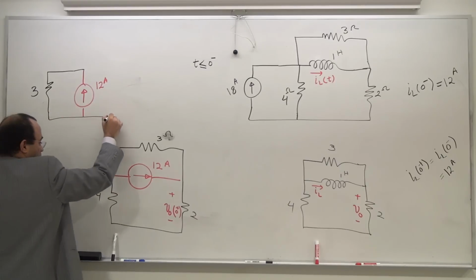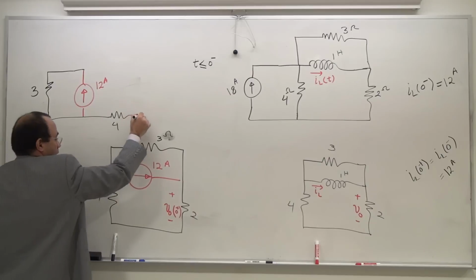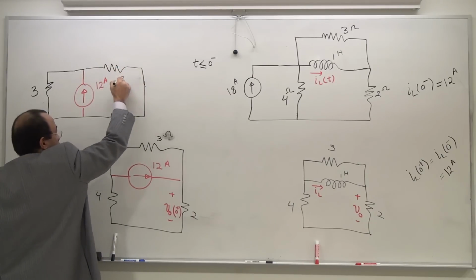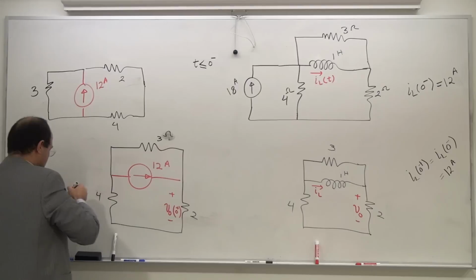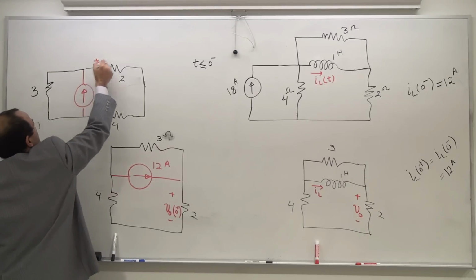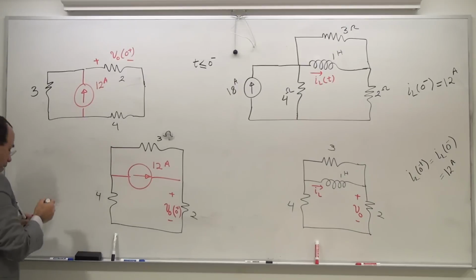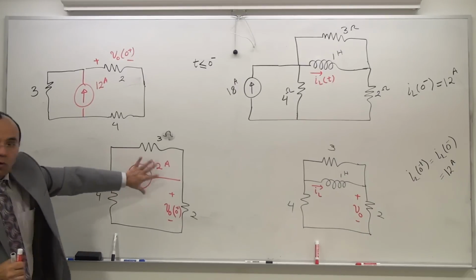And then this is going to be my 4 ohm. And if I have this properly drawn, that's going to be my 2 ohm. And polarity is the head of the current source. So this is plus minus VO of 0 plus. So this is that. I simply rotated this.